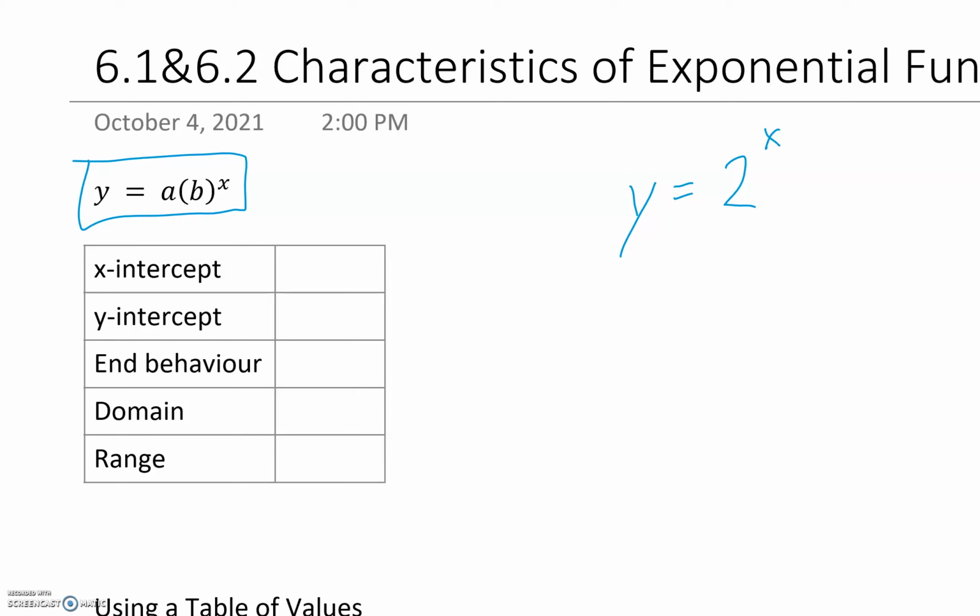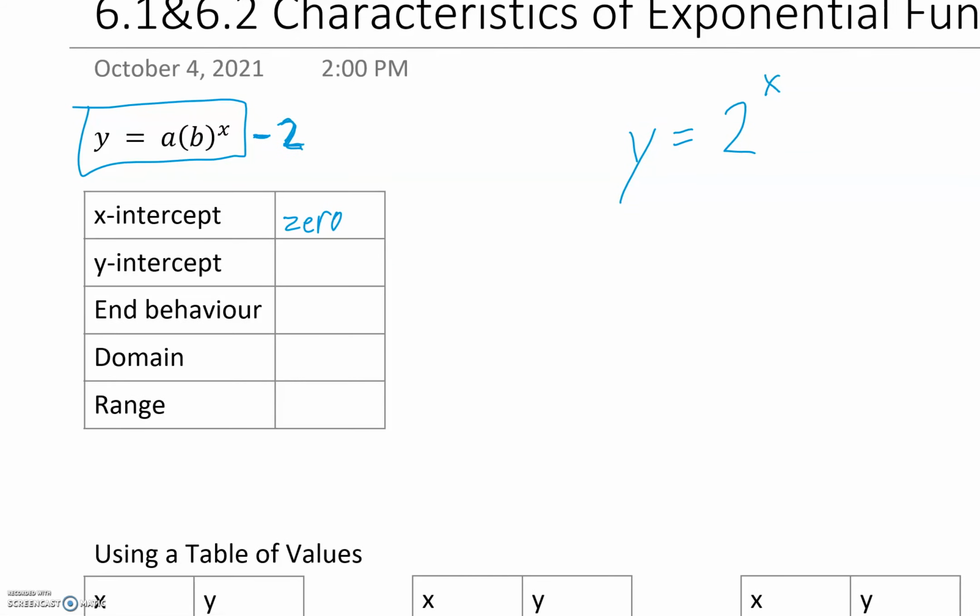Well, for all exponential functions, you have 0 x-intercepts. Okay, you don't have any unless you do a transformation to them. A transformation being something like if you have a -1 here, or -2 or whatever the transformation might be, that could move your whole graph vertically up or down.